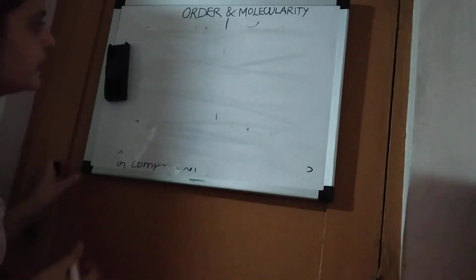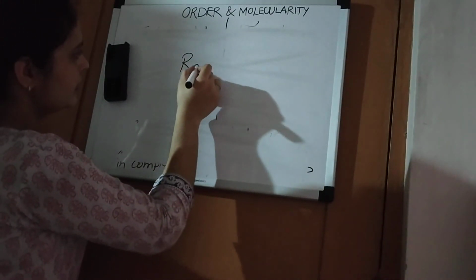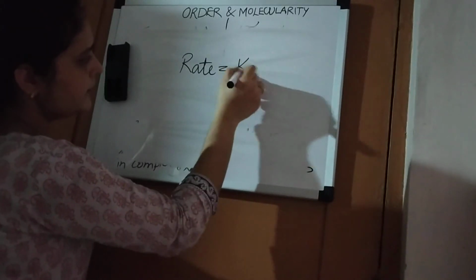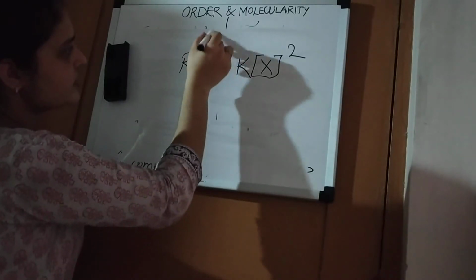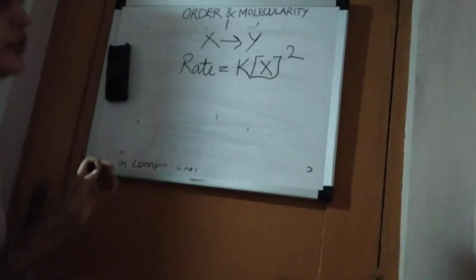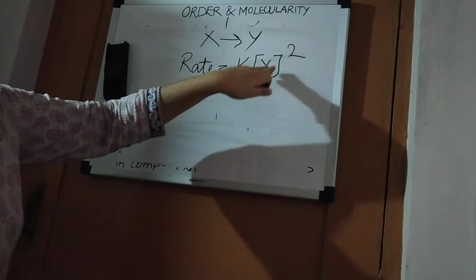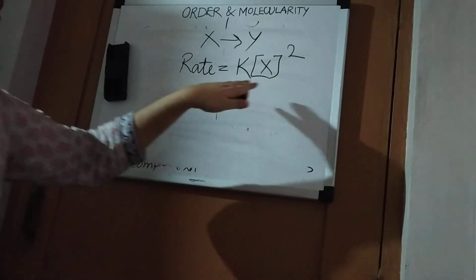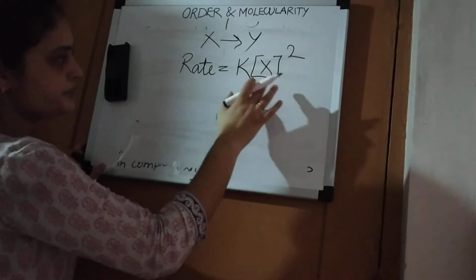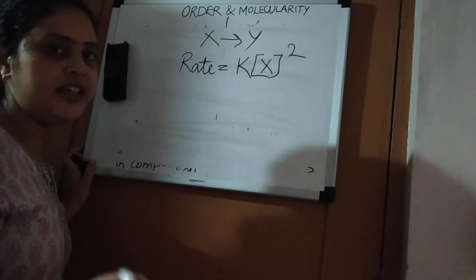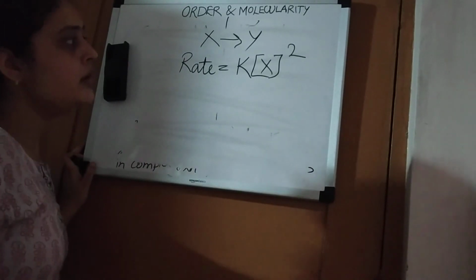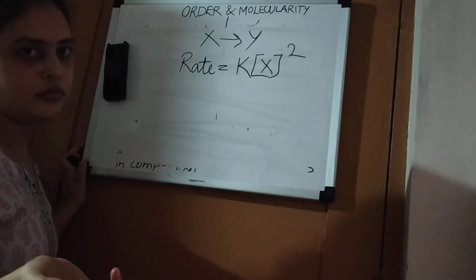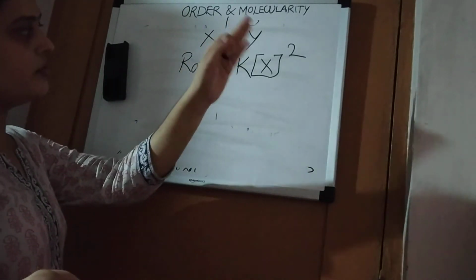For example, you have been given a reaction or a rate law expression that rate is equal to k x to the power 2. For example, the reaction is x gives y, right? So rate is given as k x squared, that is, it is a second order reaction, right? Now the question was that if x is increased 3 times, what will be the new rate, or how will the rate of formation of y increase?